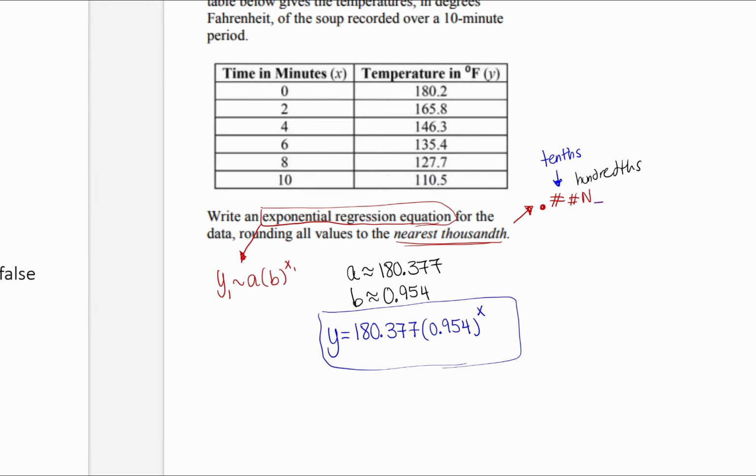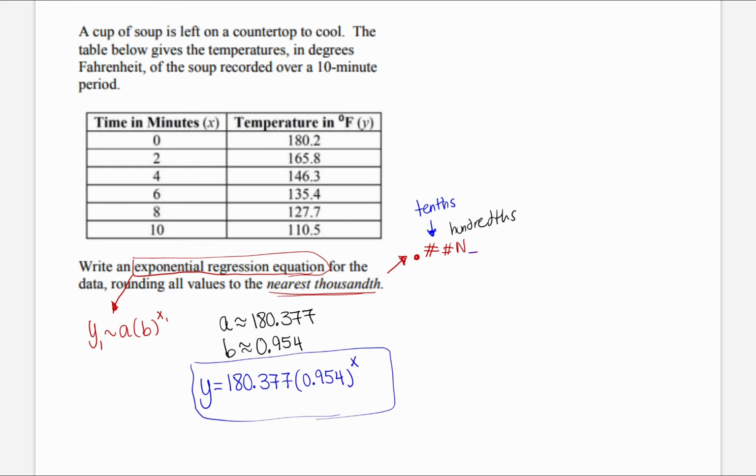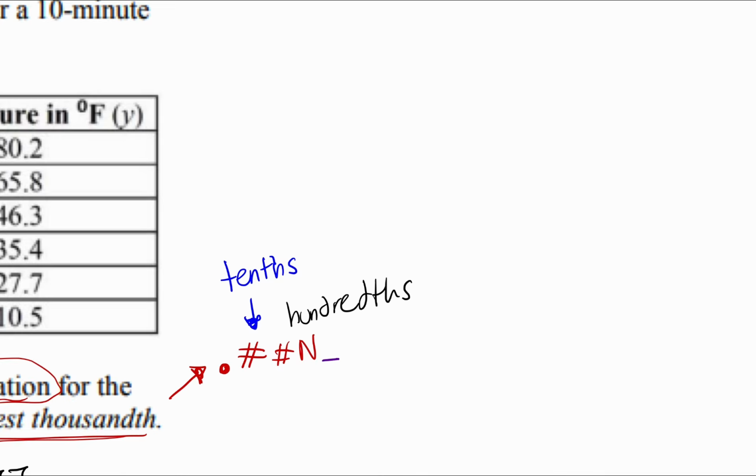Now, what does this help us do? Well, this equation helps us identify the temperature of the soup within any time frame. So if I want to calculate the temperature of the soup within 15 minutes, I can do that. Or if I want to calculate the temperature of the soup within 25 minutes, I can do that as well. So let's write down a quick question about that.